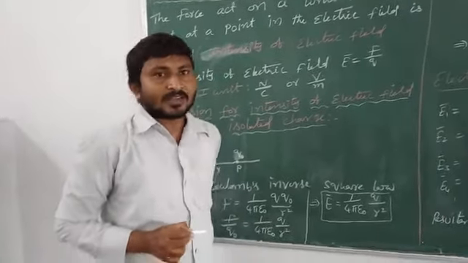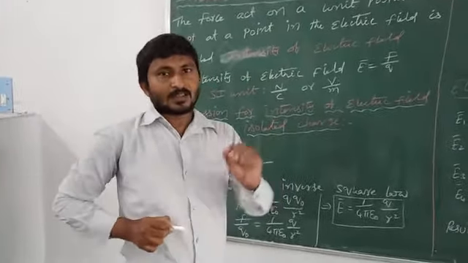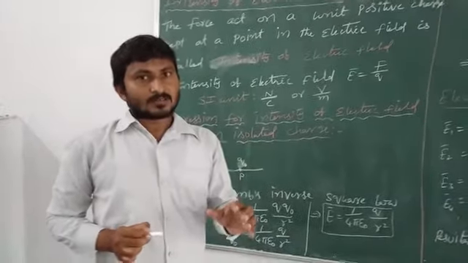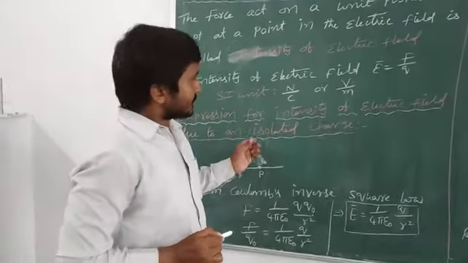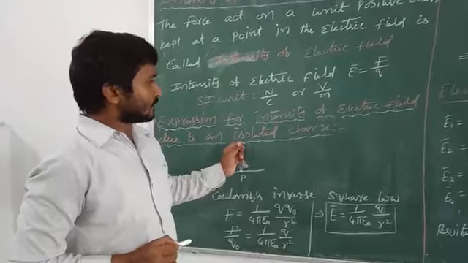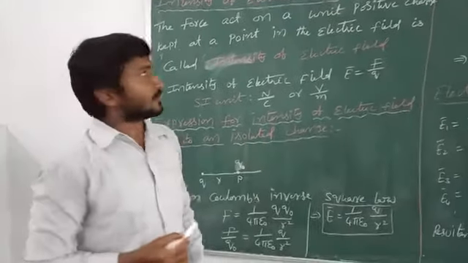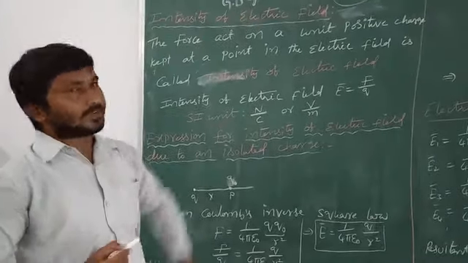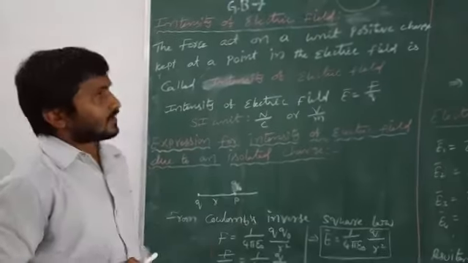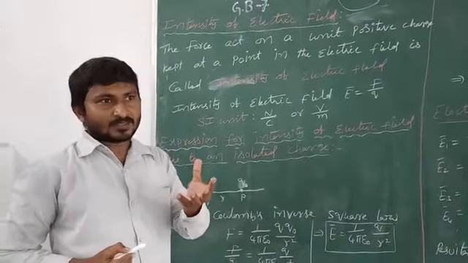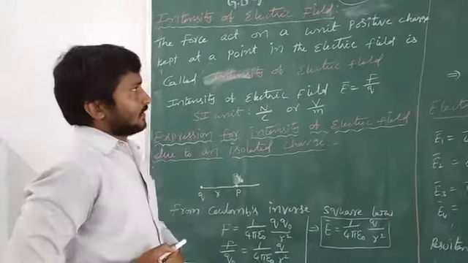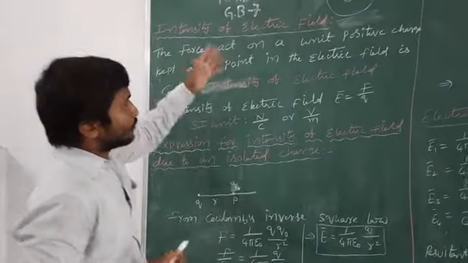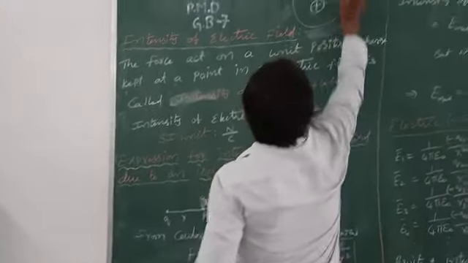Now first we have to know what is intensity of electric field, and what is the expression to find out the intensity of electric field due to an isolated charge. First, intensity of electric field. Intensity of electric field, the name itself means intensity, the intensity of the electric field.